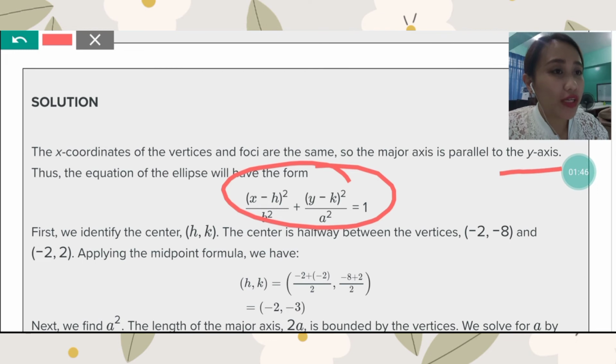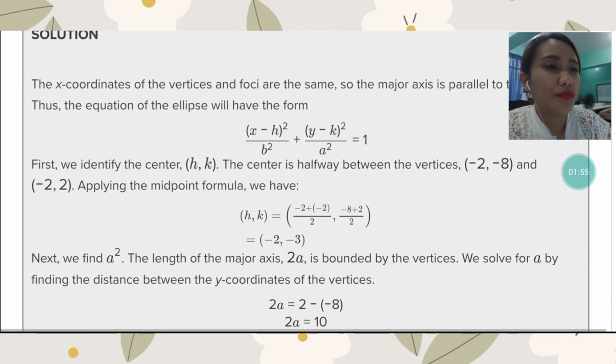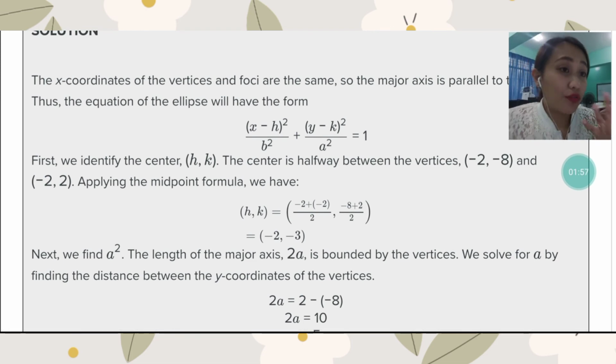The center is halfway between the vertices (-2, -8) and (-2, 2). Take note, there were 4 given points. 2 points were that of the vertices, 2 points were that of the foci. If we are given the vertices or the endpoints of the major axis, we will be able to solve for the center by using the midpoint formula.